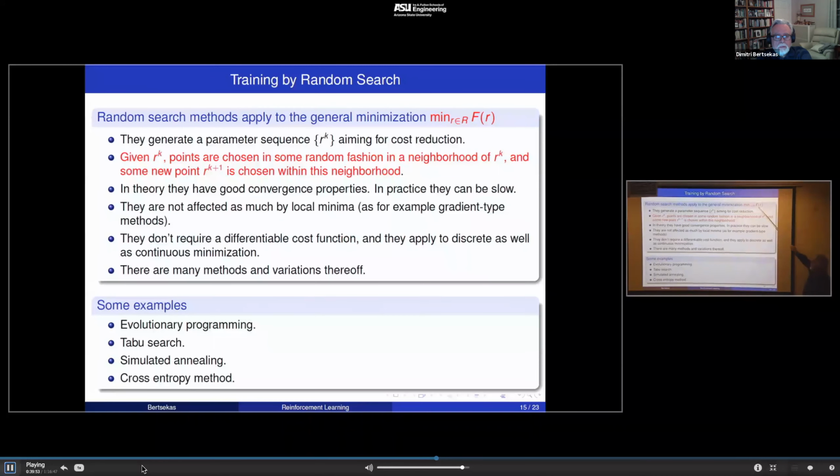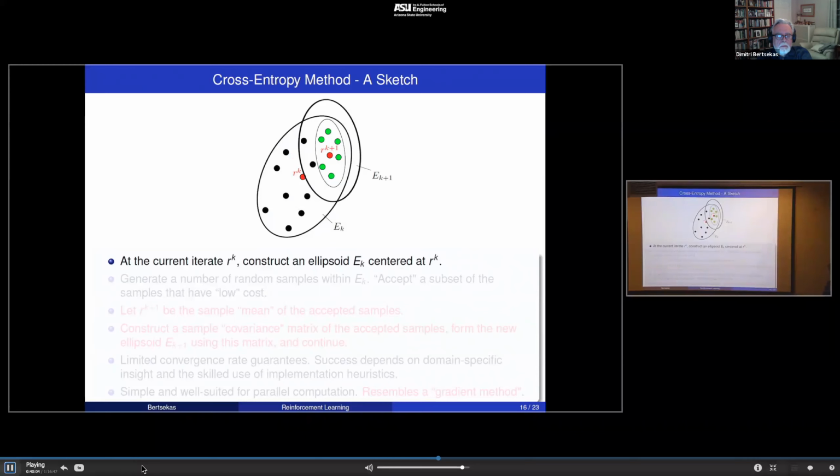Okay, remember that we want to solve this generic problem. And we don't care if it comes from dynamic programming or not. This is generic. And here's how cross-entropy works. Remember, like all random search methods, it generates a sequence of iterates: Rk, and then Rk plus 1, Rk plus 2, and so on.